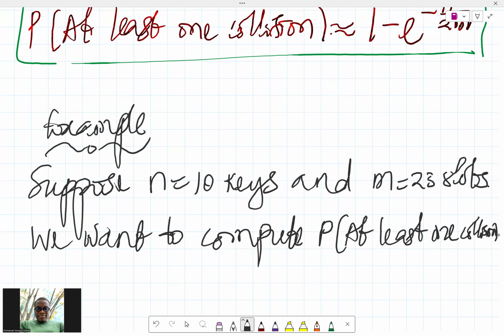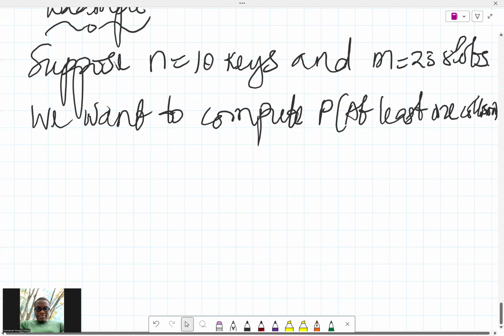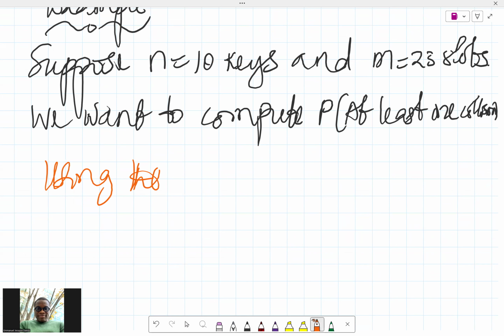Okay. So if we want to do that, we can use the approximation formula.